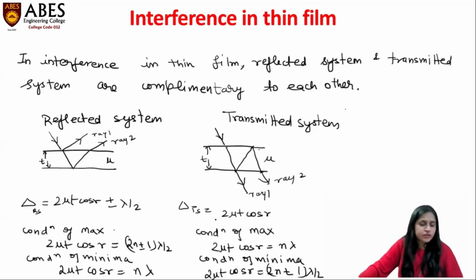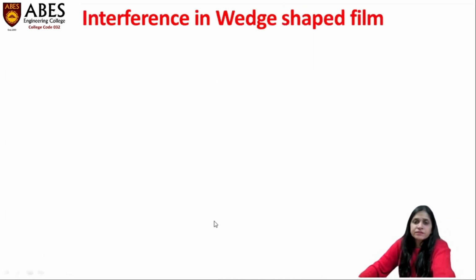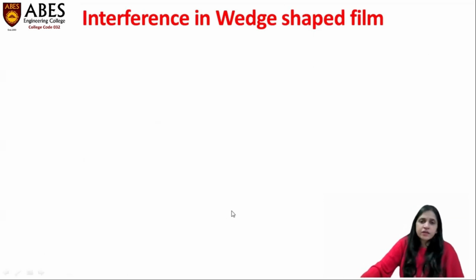Now further we are going to talk about interference in wedge shaped film. Okay, now wedge shaped film. What is the meaning of wedge? Let us see.